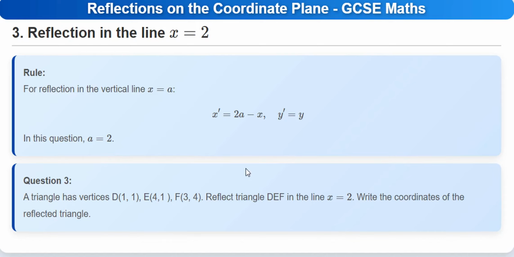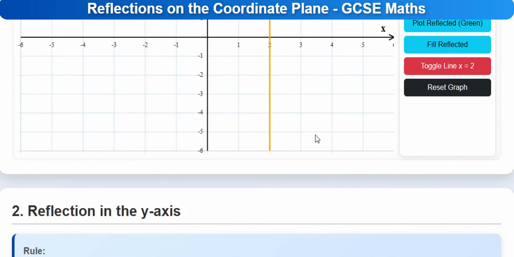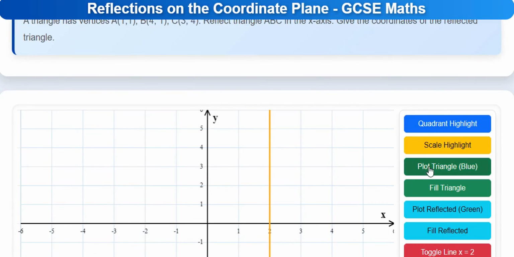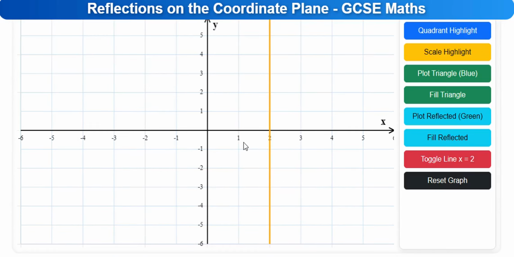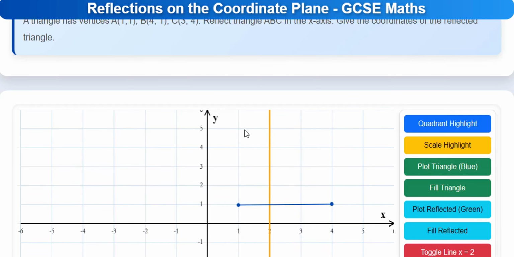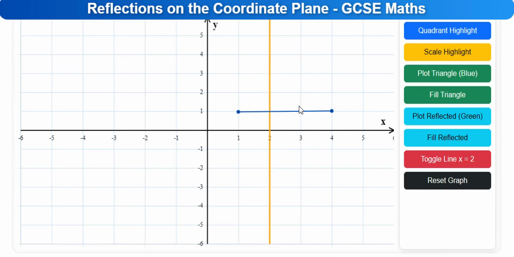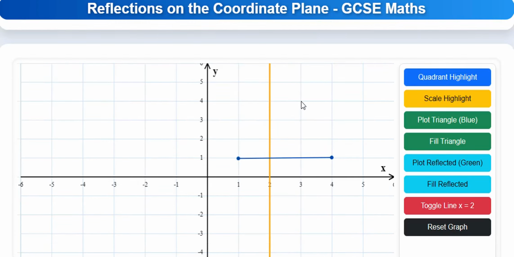It's just our normal triangle we have been plotting all along. The first point is (1, 1) here. Then the second point is (4, 1), somewhere there. And then the third point is (3, 4), somewhere here. That is the original triangle.